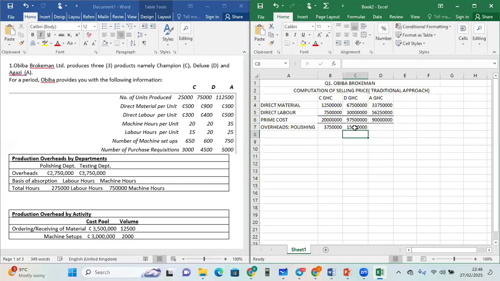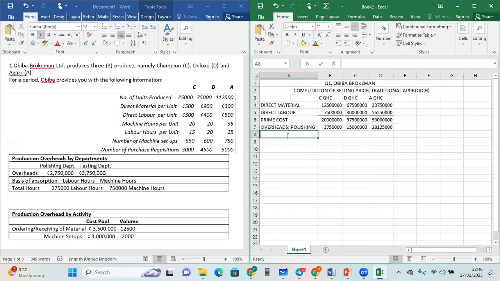Then for A it is going to be equal to 10 times 25 times the units produced, 112,500. And that is it for this side.